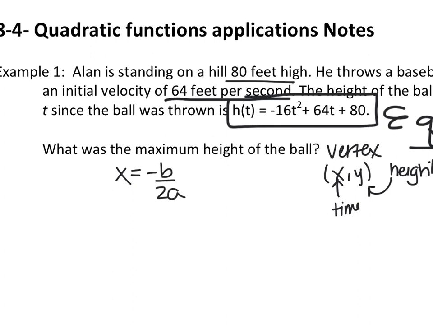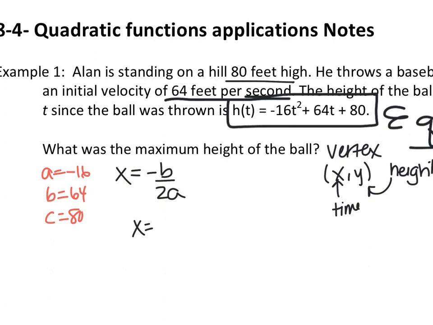So what I'm going to do is go to the side of my question and write down what my a value is, my b value, and my c value. A is equal to negative 16. B is equal to 64. And c is equal to 80. We simply make those substitutions.